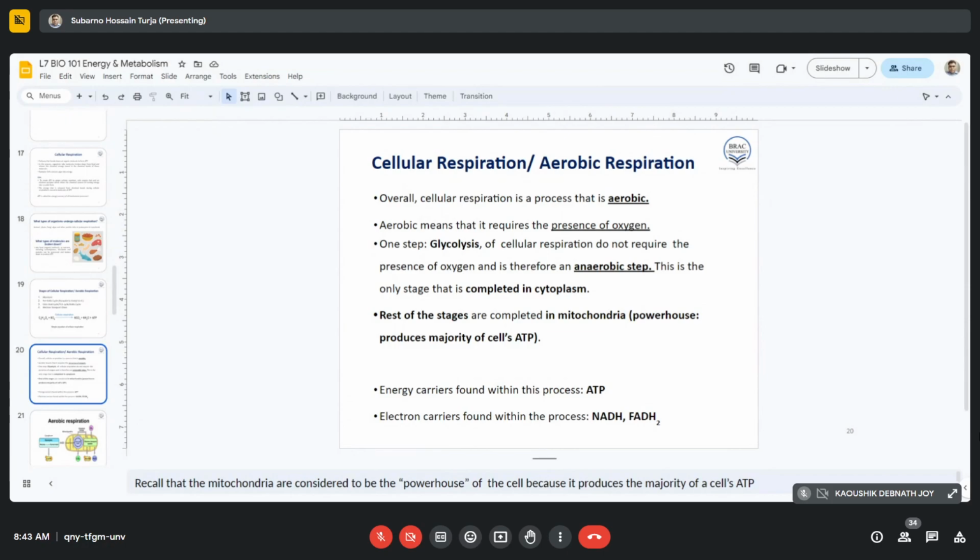These electrons are then carried using the electron carriers such as NADH and FADH2 to other parts of the reactions, which may need spare electrons. So remember that usually there's two types of things released: energy, which is carried by ATP, and electrons, which are carried by NADH and FADH2.